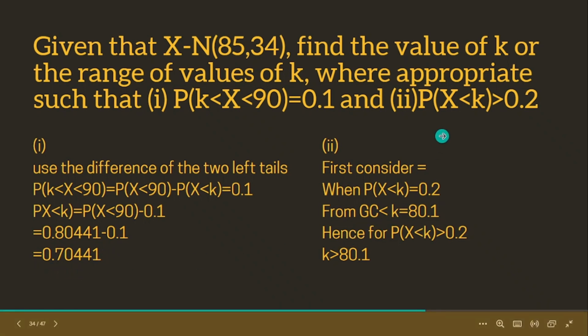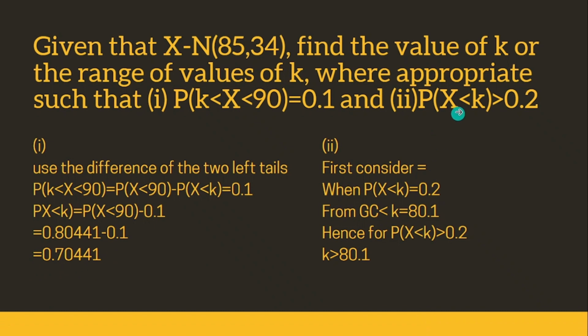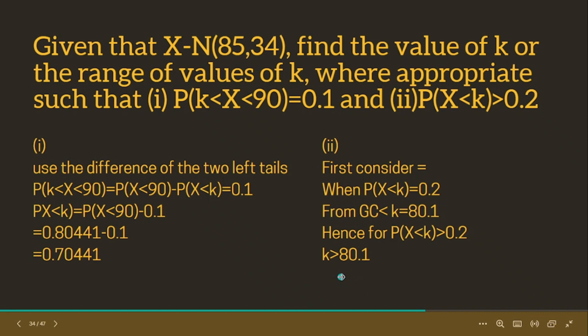And then for part 2, find where the probability that x is less than k is greater than 0.2. We're going to consider that this probability is actually 0.2. So from our GC, we know that our k should be equal to 80.1 if we get this specific value. But if we want our k to be such that this probability is more than 0.2, we're going to look at it such that k is greater than 80.1.